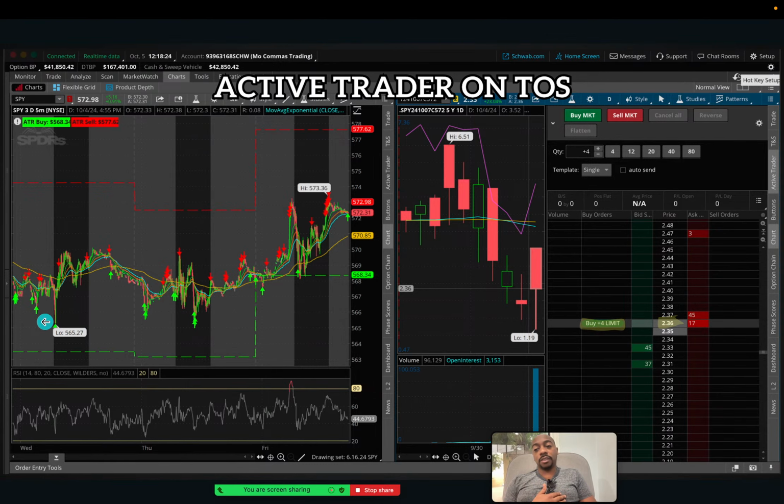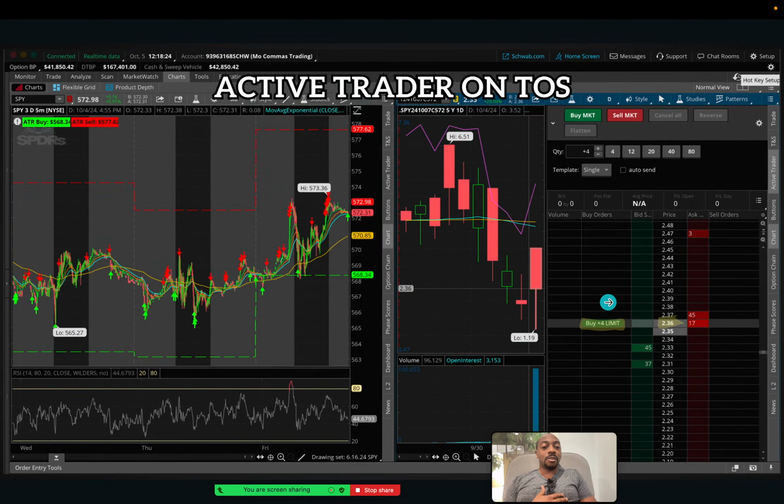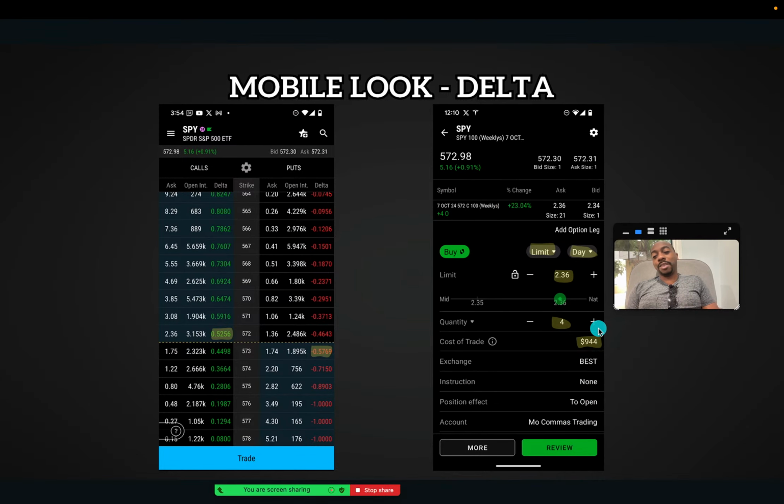You could also execute it this way, but I typically like to execute my trades on Active Trader because for me it's faster to get in on Thinkorswim, right? And also, if I'm parked somewhere or I'm in the parking lot and I don't have a computer in front of me, this is how it looks on the mobile, right? And so I took some screenshots on my phone.